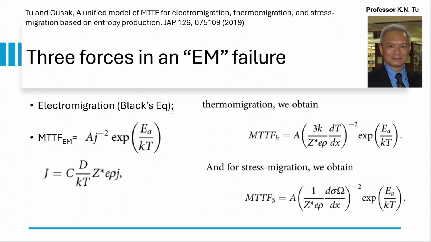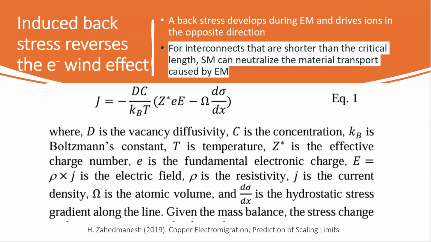And the thermal migration, as I mentioned here, he derived that you have the thermal gradient. And the stress migration, you have the stress gradient. It has to be a gradient, by the way. No gradient, then there's no driving force. So be very careful with that. And then we'll talk about the Black equation later to explain what's going on.